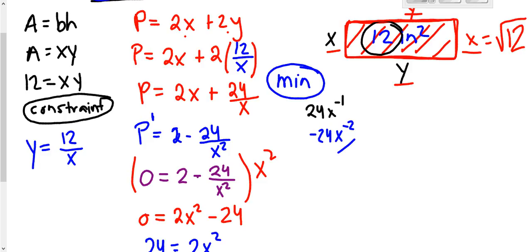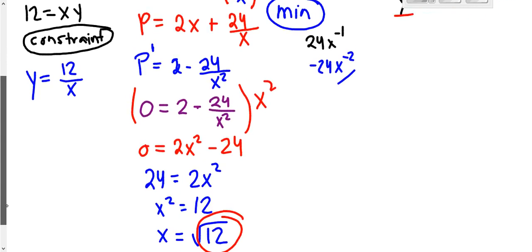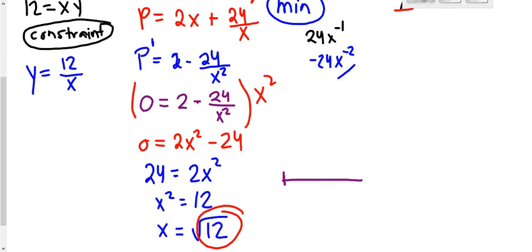Generally, whenever you get one critical number for your derivative and they're asking you to minimize, it's generally assumed that that is your minimum. You can go back and do your first derivative test, knowing that you don't want anything below 0, because we can't have negative measurements. The square root of 12, put that in your calculator, is about 3.4.